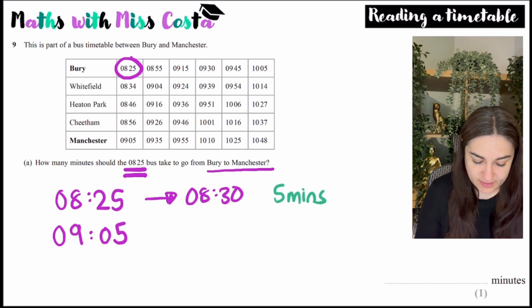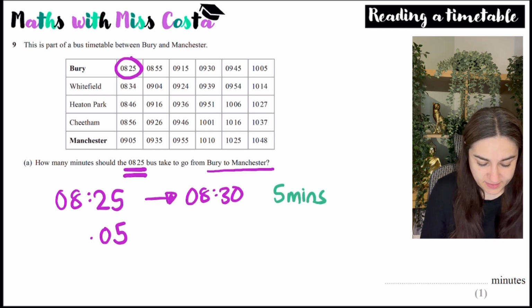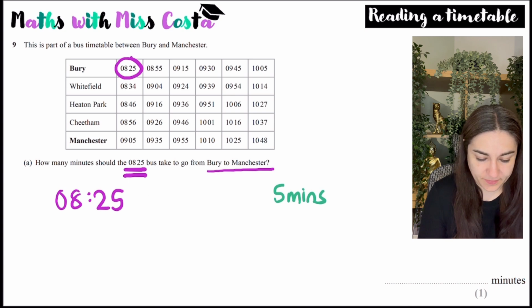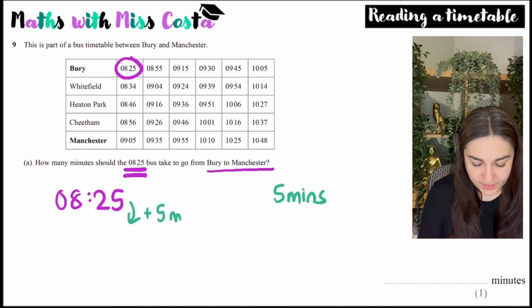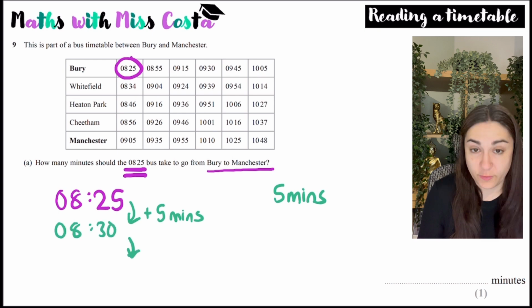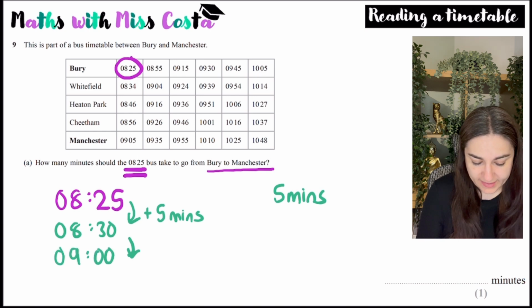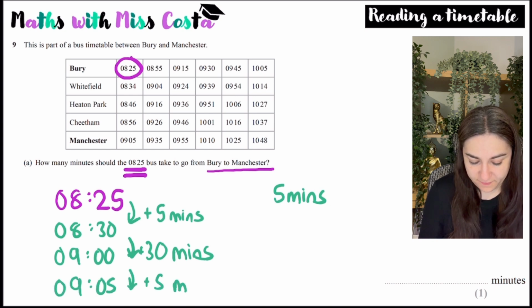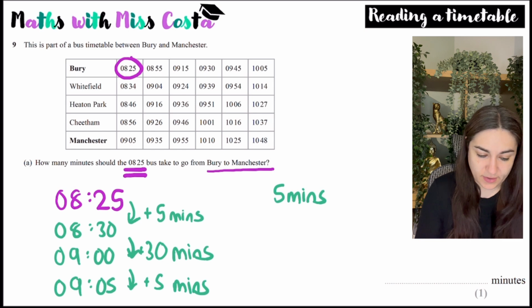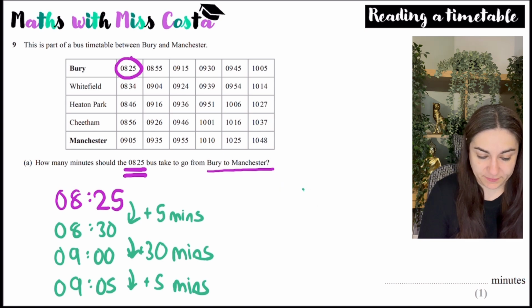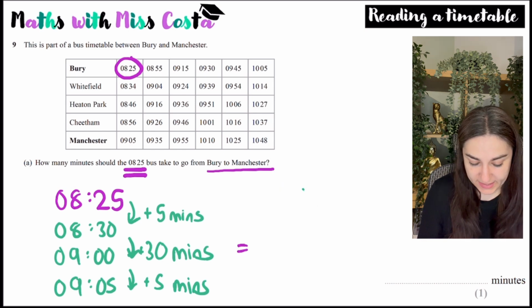So 8:25 plus 5 minutes takes me to 8:30. And then I've got a nice round number. So I know that I could get to 9 o'clock by adding half an hour, which is 30 minutes. And then to get to 9:05, that's another 5 minutes. So in total, I've got 5 plus 30 plus 5, which is 40 minutes.